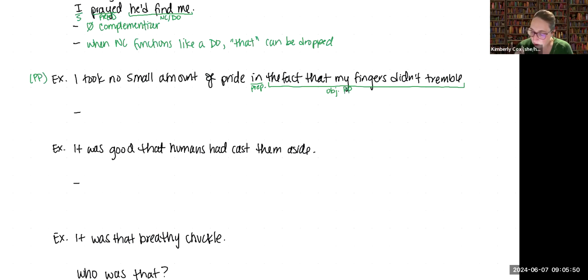"That" is our relative pronoun. And once again, we have our subject, which is "my fingers," and "didn't tremble" functions as our predicate. So we have a clause, because we have that subject-predicate relationship.